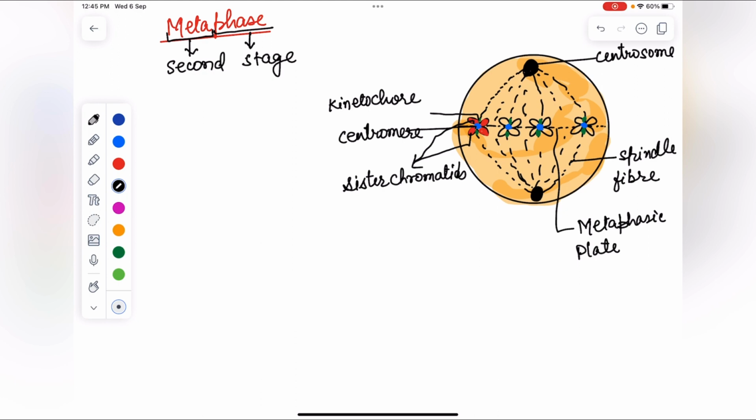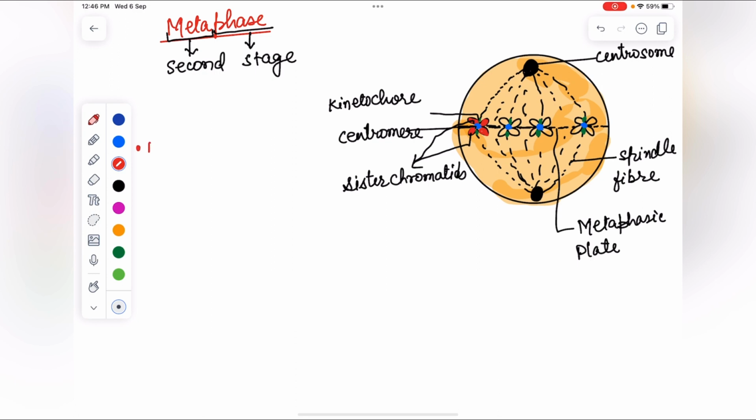Spindle formation is complete and attached with the kinetochore, which is disc shaped. All the chromosomes align themselves at the equator. This is the equator, or it is called the metaphasic plate. The plane of alignment is referred to as the metaphasic plane. The centromere joins the two sister chromatids together. All the spindle fibers are attached with the kinetochore.